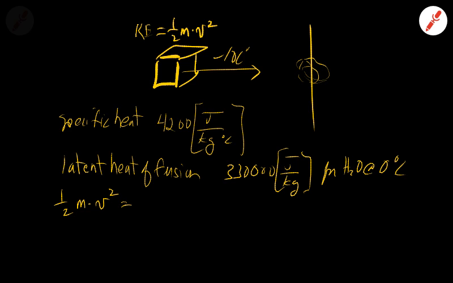We need to raise the temperature of the block by 10 degrees to get it up to 0, and then we need to dump in enough energy to melt it.